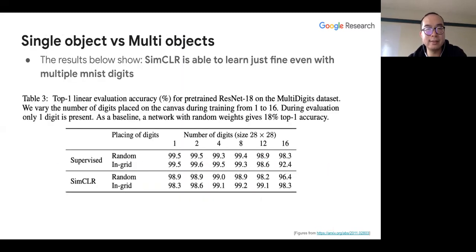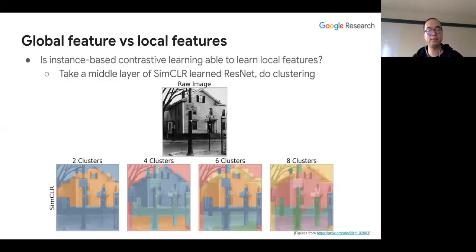And then the other question that we ask here is, because contrastive learning methods are based on instances, the loss is defined on a per-instance basis. So are they able to learn local features? This is another concern that's related to this instance-based contrastive learning loss, right?